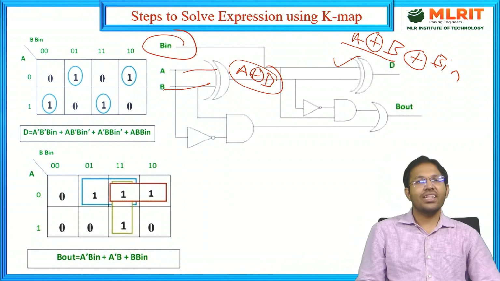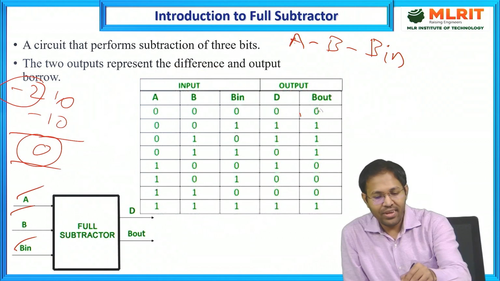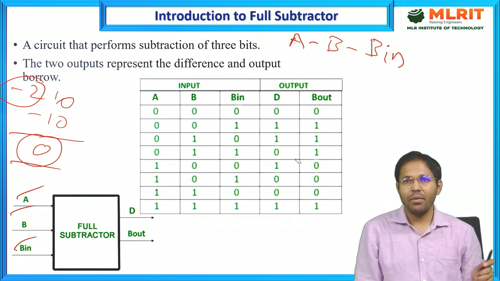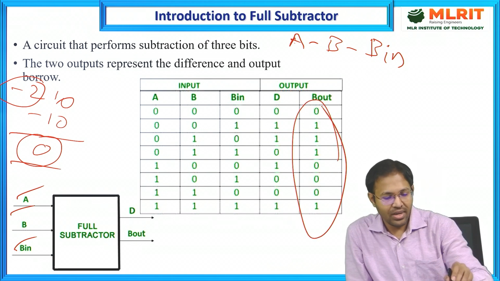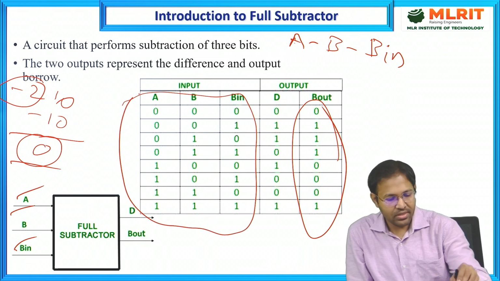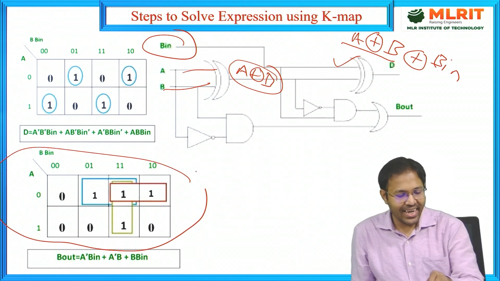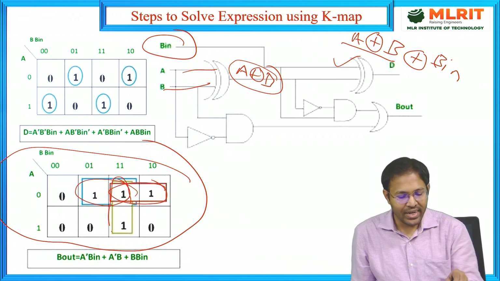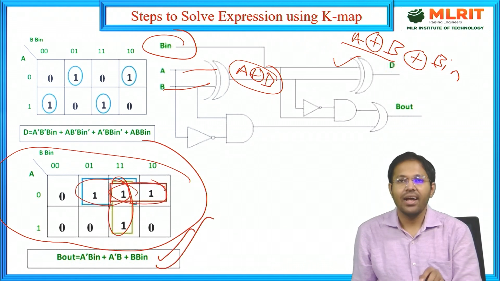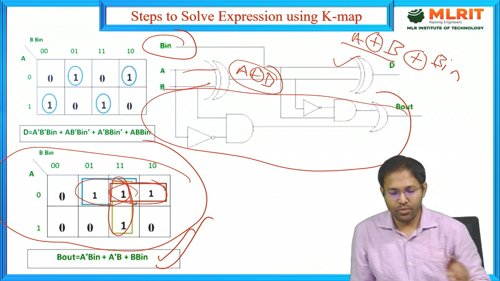Now, let us look at the circuit for B out, which is borrow. There are different ways of doing this. One method is we take these values based on these inputs and then we construct the K map, perform mapping to get the minimized expression, and then based on that develop the circuit.